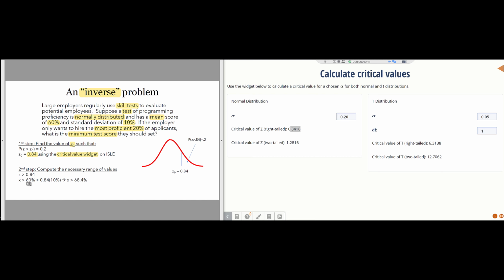So we multiply the z-score times the standard deviation and add the mean and discover that we need to look on our exam for a score of 68.4% or better. Remember, 60% is the mean score, so therefore 68.4% is somewhat less than one standard deviation above the mean, and that's where the top 20% cutoff is.